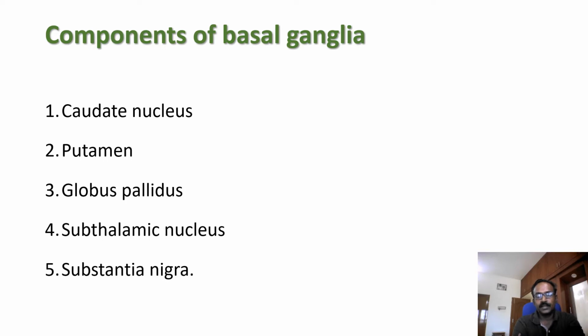Components of basal ganglia. The first component is the caudate nucleus. Caudate nucleus is a comma-shaped structure. It has three parts: head, body, and tail. The end of the tail contains the amygdaloid nucleus. Putamen is the dark structure.